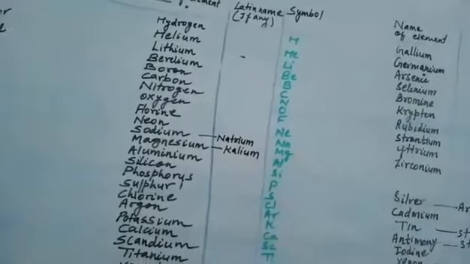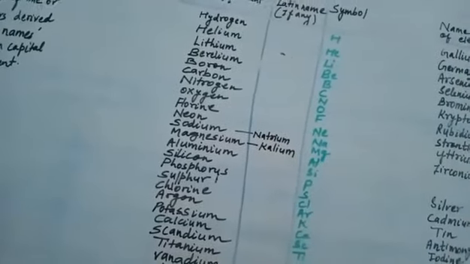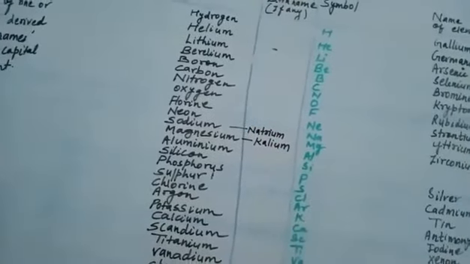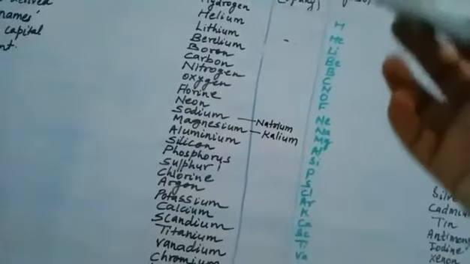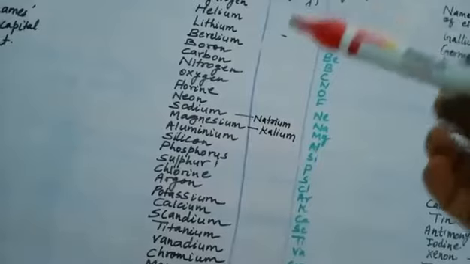So here we will study the names of different elements that I have written here. I will suggest you to learn the names of the elements and their symbols sequence wise as I have written, because I have written the names of the elements according to continuous atomic number.